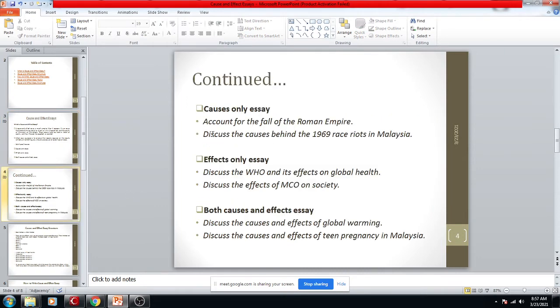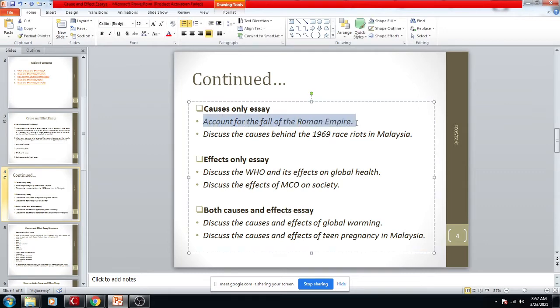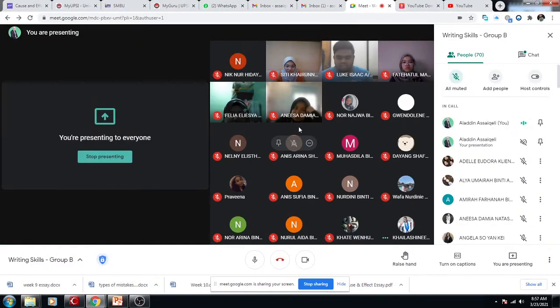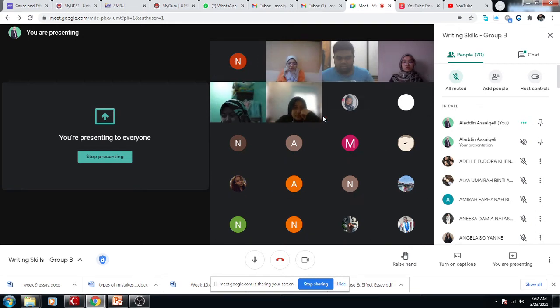Causes only essay, for example, you may have this statement. By the way, when you're asked to write a cause or effect or both essay, you usually read a statement, a sentence, and you understand from the sentence whether you need to discuss the causes or the effects or both.